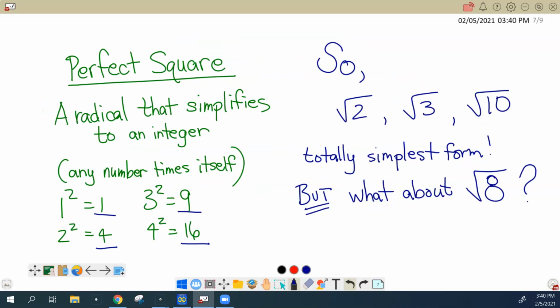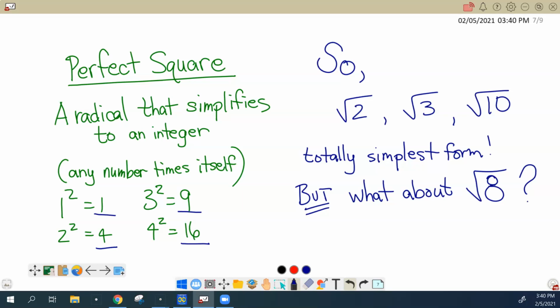So what is a perfect square? Let's talk about that for a moment. A perfect square is a radical that simplifies to an integer. In other words, it's any whole number squared, all right?